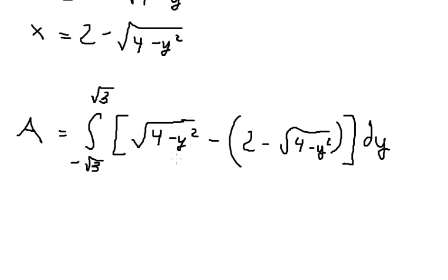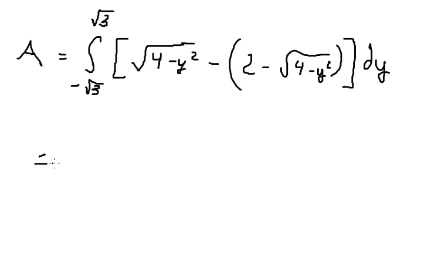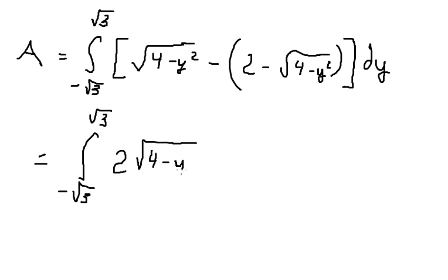Now we need to calculate this one. This one minus this one, you get positive, so we have 2, negative 2.